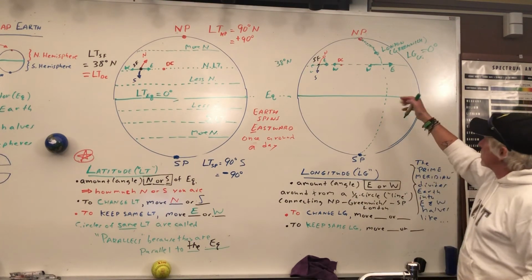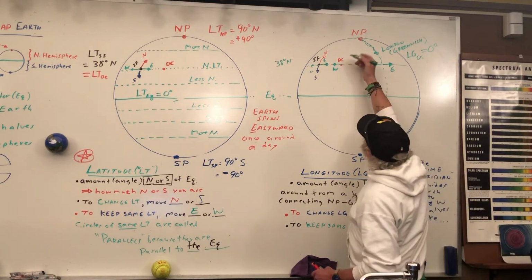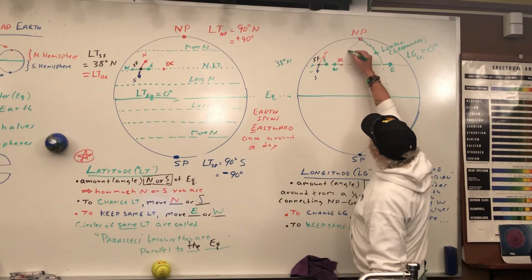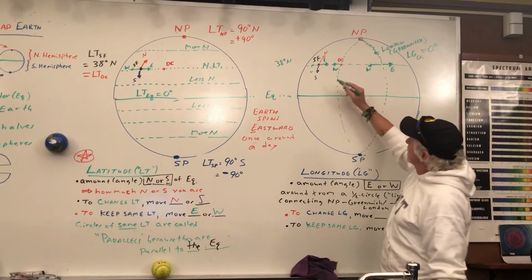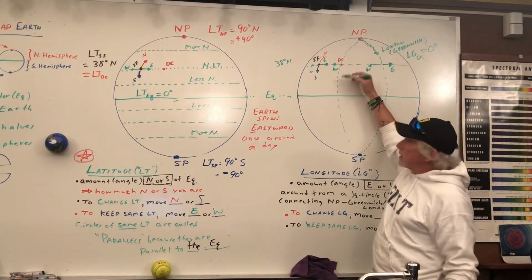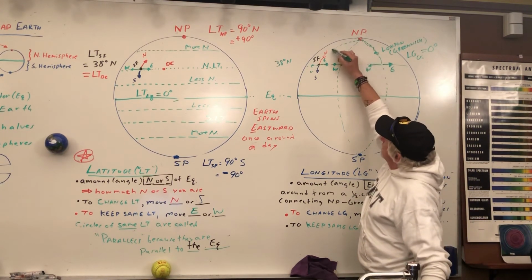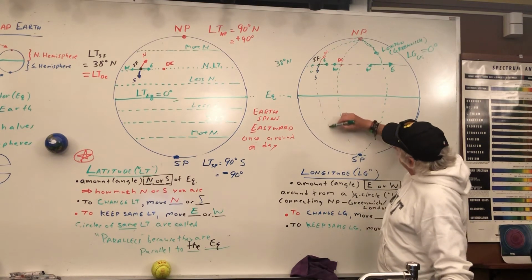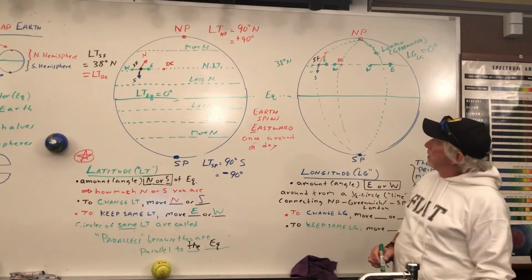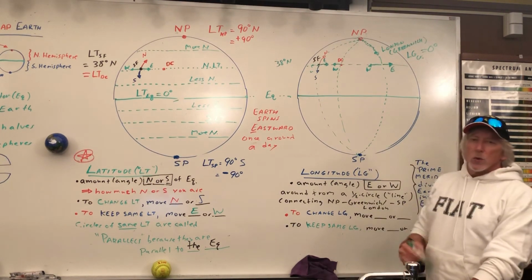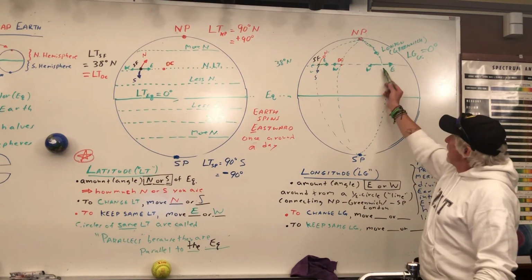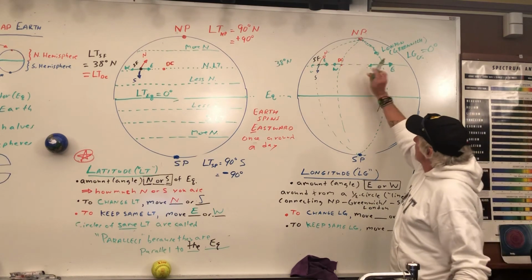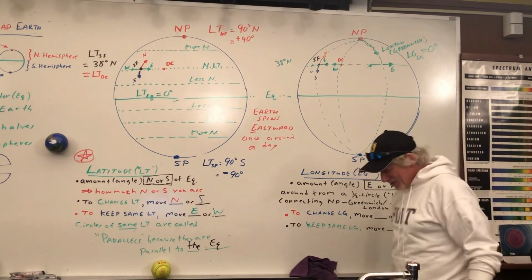So this tells you, notice that, watch this, Washington DC has a longitude here. San Francisco has a longitude here. Who's more west from this line is San Francisco.